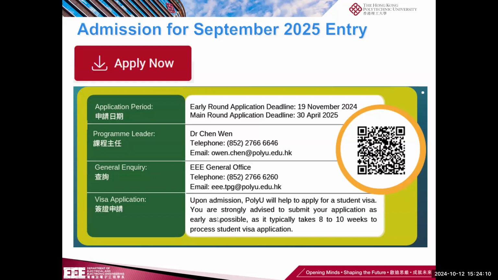Another thing is that if you are non-local, PolyU will also help you to apply for a visa in Hong Kong. This visa will usually take at least 8 to 10 weeks to process. So pay attention to this duration.